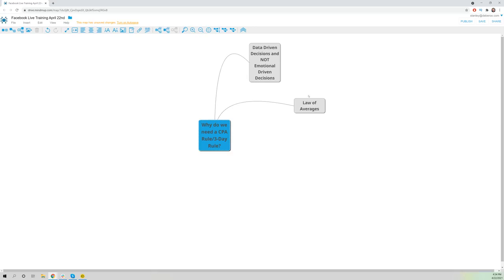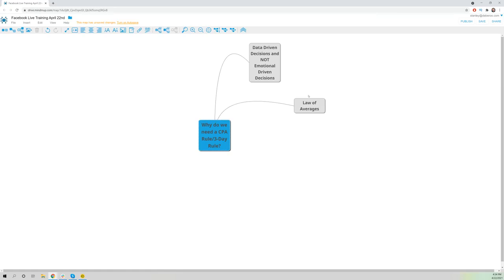These are the main reasons why we want to make clear rules for ourselves and our campaign, so that we know for sure that we're doing the right thing and not making decisions based on emotion or assumptions. We want to eliminate those kinds of decisions and let the data tell us what we need to do.